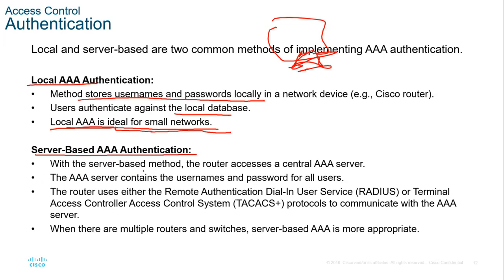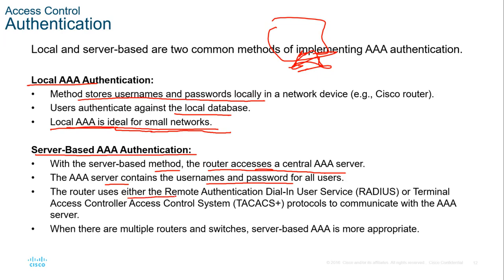Then we have server-based AAA authentication. With the server-based method, the router accesses a central AAA server, and the server contains the usernames and the passwords. It means that the usernames and passwords on the network are saved somewhere. There is a server meant for all those authentications, for storing usernames and passwords for all the devices. So if there is a need to alter the password or the usernames, it's done on a specific server.